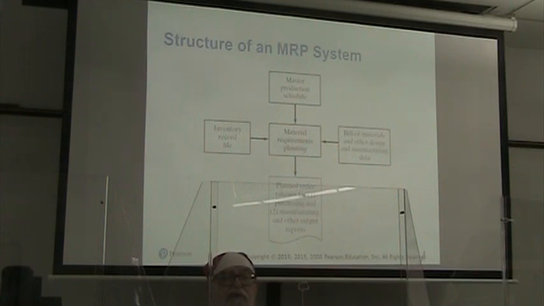So in the structure of an MRP system, we have our master production schedule feeding into our material requirements planning.